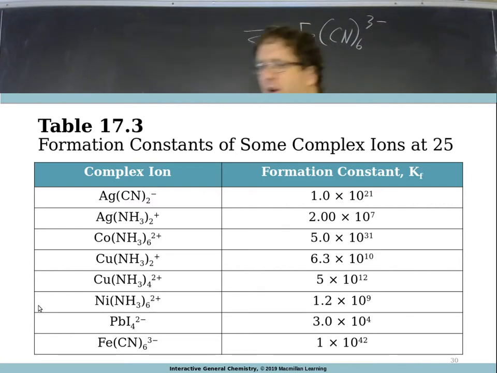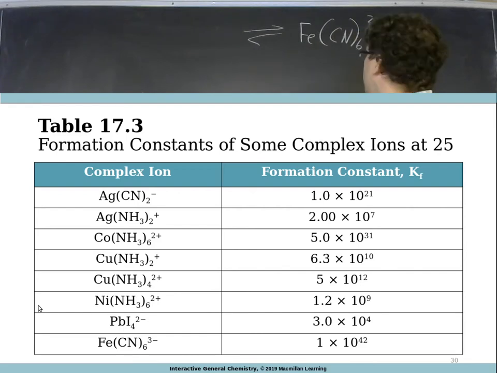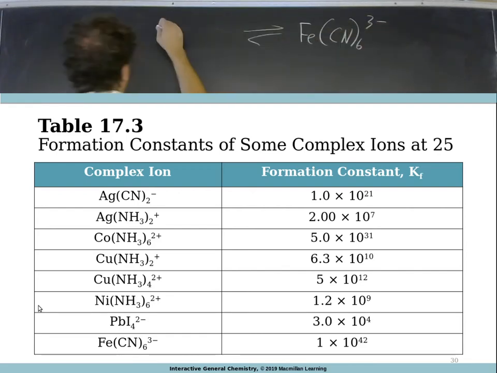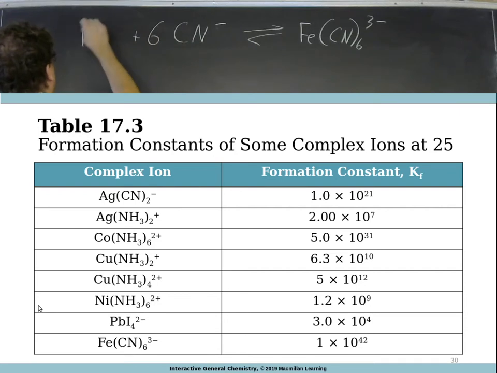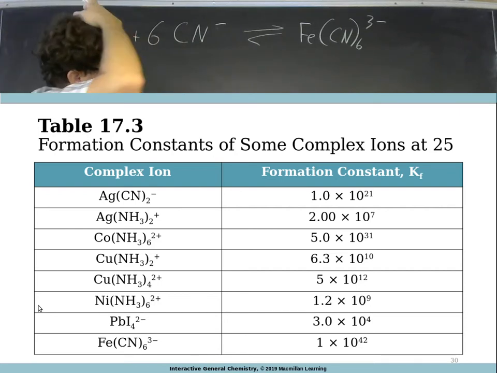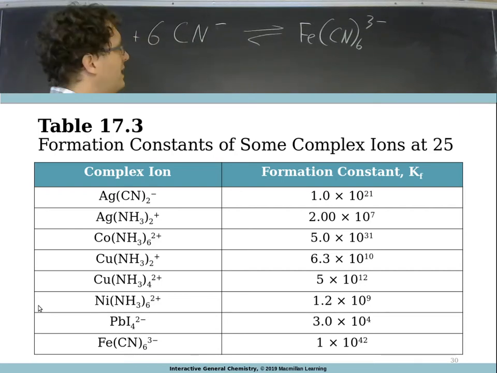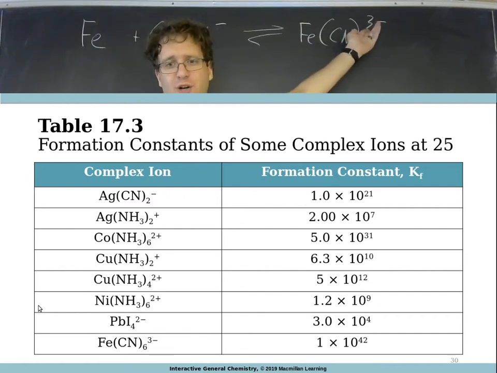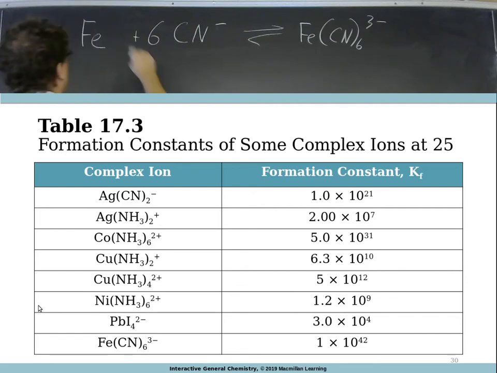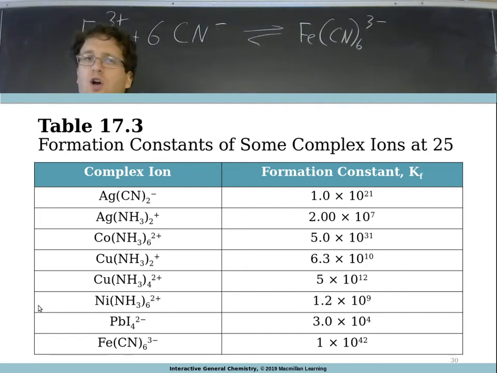And what are the components that make up this iron hexacyanide? Well, we're going to have 6 CN minuses, and we'll have an Fe. And what's the charge on the iron? Well, when it's paired with 6 cyanides, we get a total charge of 3-. And so that iron is in the 3+ state. That way our charges balance.